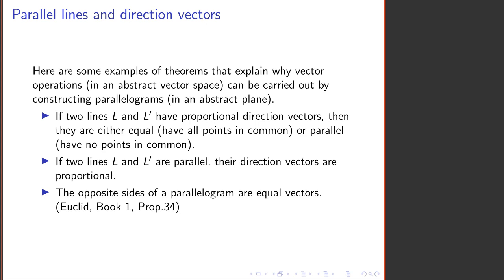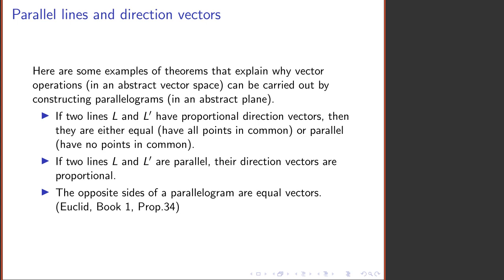Now, once you have these axioms, it turns out that there is an intimate connection between parallelograms and vectors. Here are some theorems. I'm going to ask you to prove a couple of these on the homework that explain what can be proved in terms of this relationship.